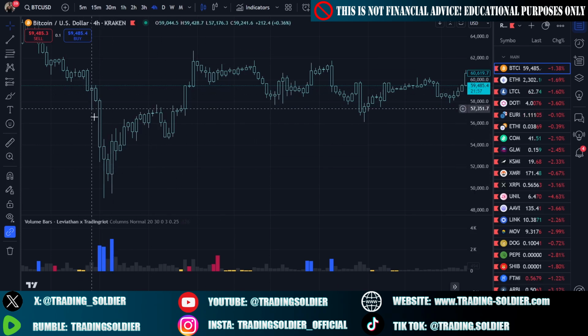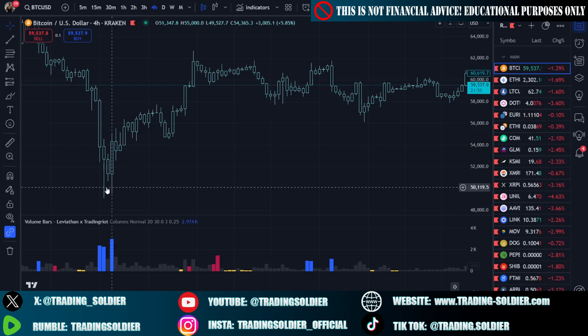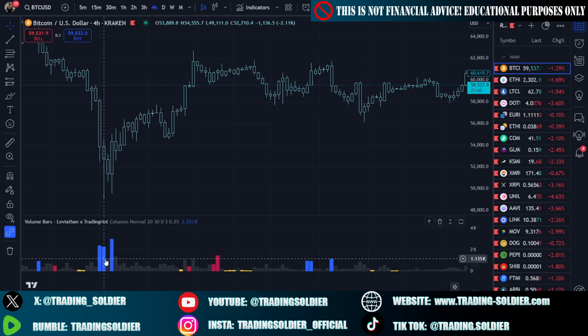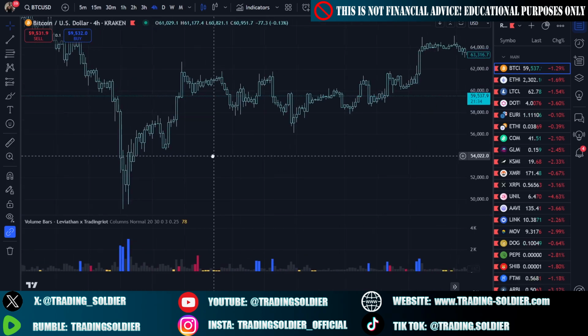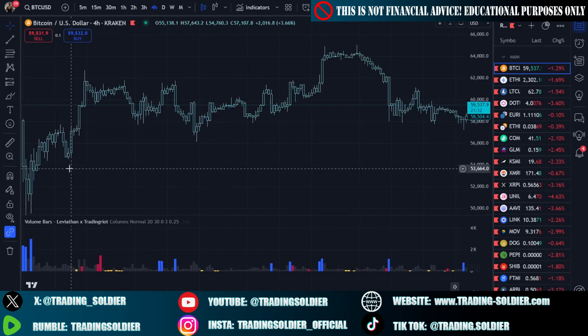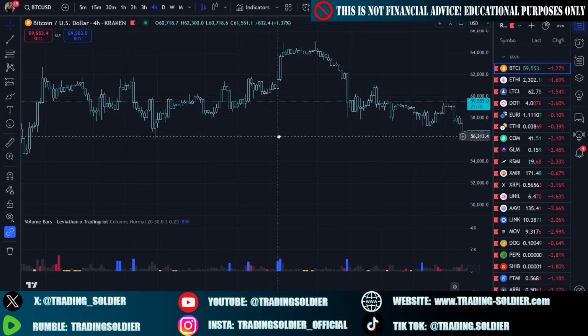So if the market reversed to the downside, we can open a long position, because the price action is showing us a rejection from this area, so the market is finding liquidity around this area, and the Volume Bars indicator is showing us that these candles had a higher volume, so the market is likely to bounce to the opposite side. A mean reversion trade, a market reversal.